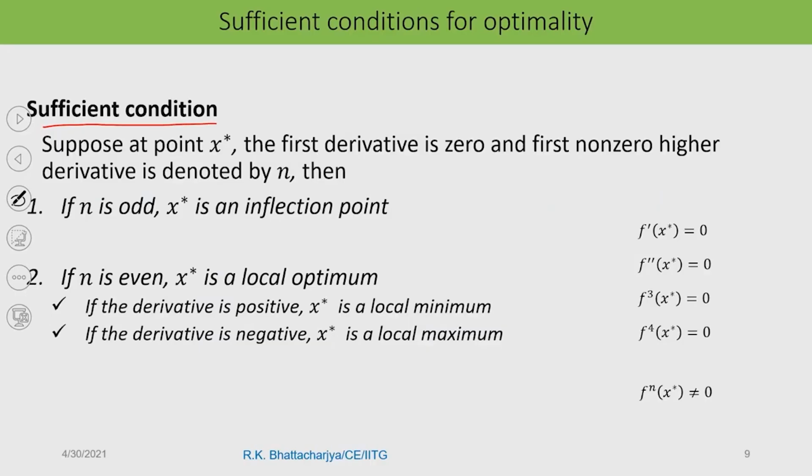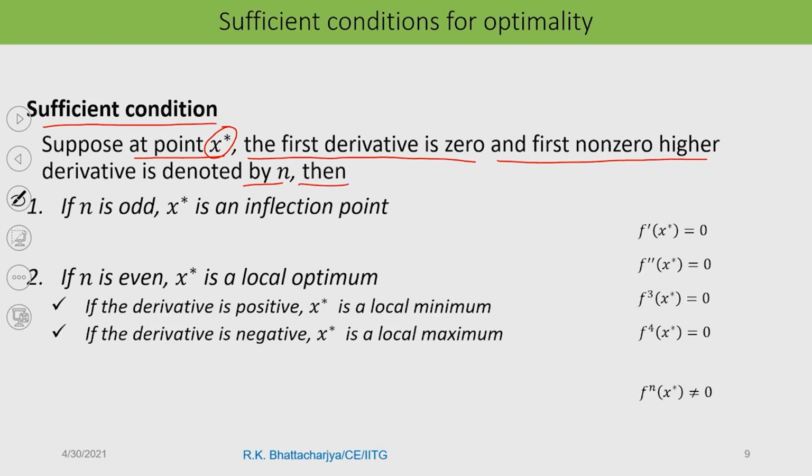Suppose at point x star, which is already a stationary point where the first derivative is 0, the first non-zero higher derivative is defined by n.